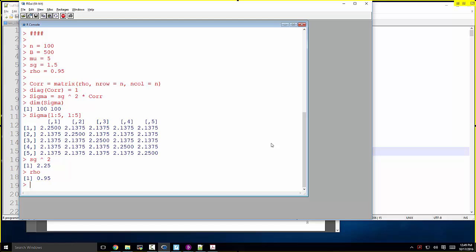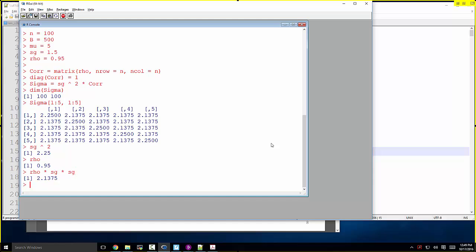So if I do correlation times the product of these, that should just be sigma squared times rho, so times the product of the two standard deviations gives me that 2.1375. It's a 100 by 100 matrix containing variances and covariances.